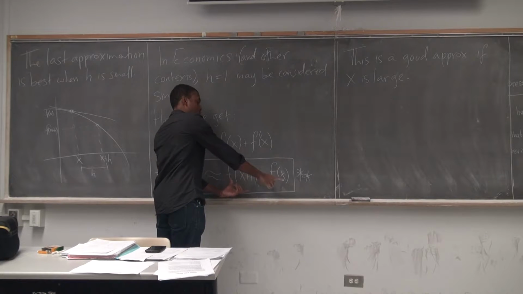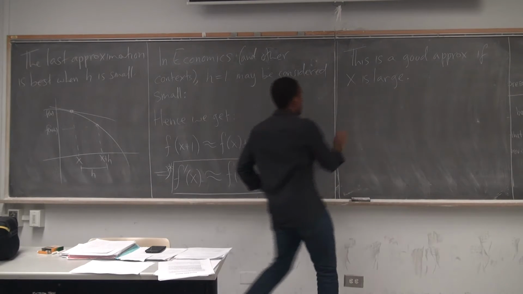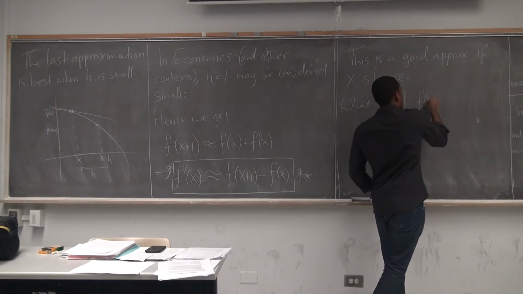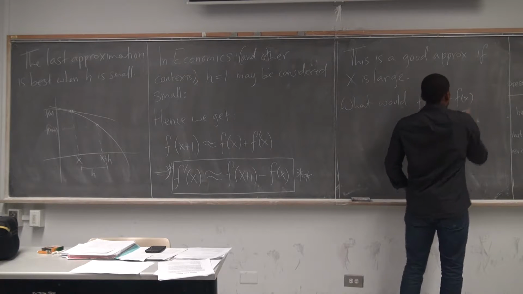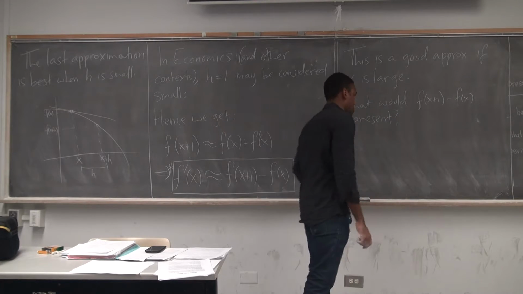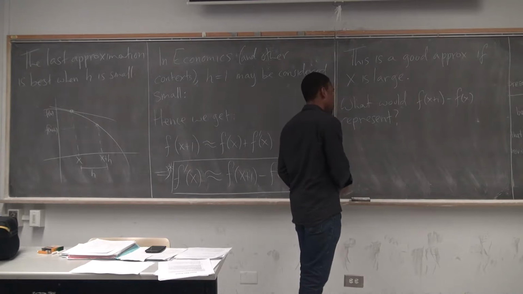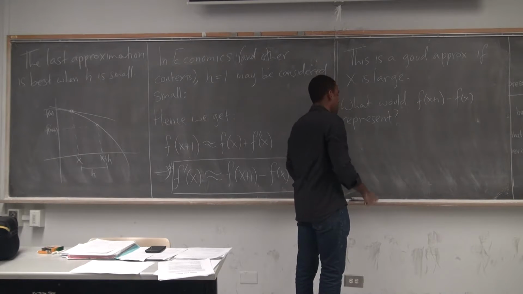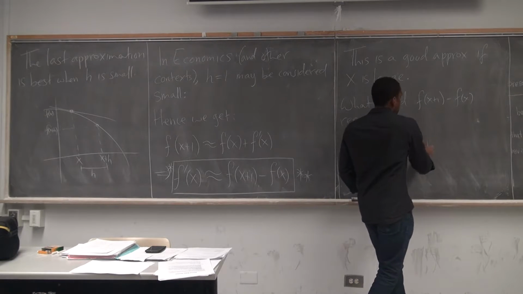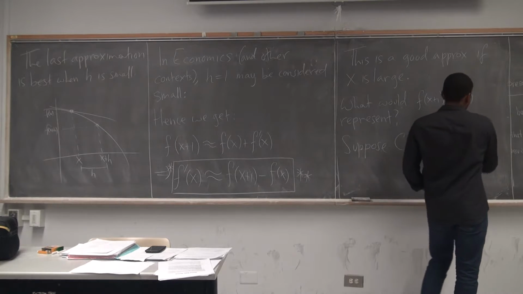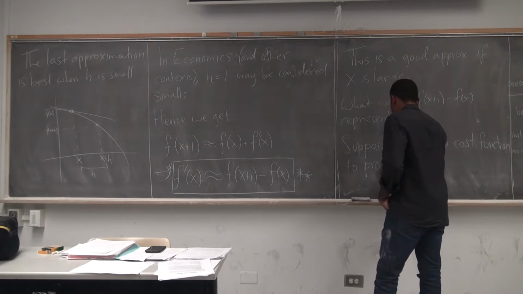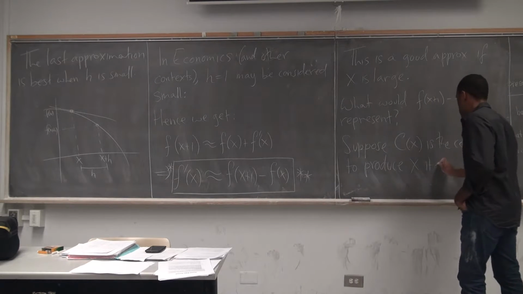Now kind of think about what this quantity would represent. Let me give you a specific example, and you can tell me what you think that expression might represent. Suppose c of x is the cost function to produce x items.